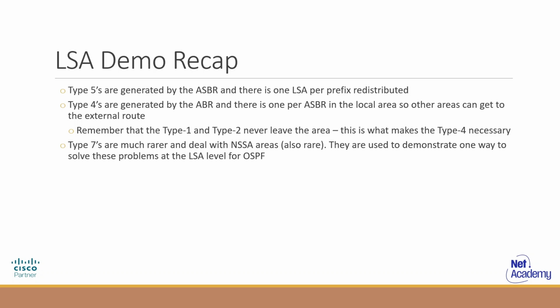Recall that those type 1s and type 2s never leave the area. That's why the type 4 is necessary in the first place. Type 7s, while they're much more rare and they deal with an NSSA area, which is also kind of rare, it's important and useful because it's showing us how a link state protocol with a database similar to OSPF is dealing with these challenges.